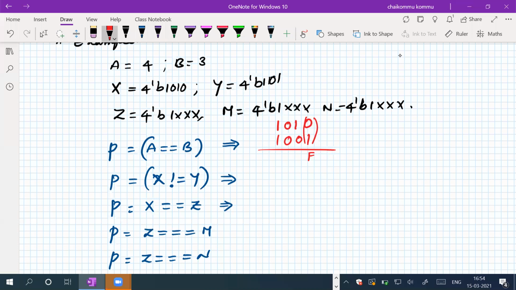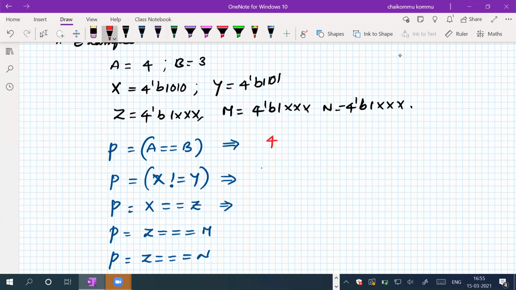So one thing is over. What about this one? I'm sorry, A and B are not like that. A is equal to 4, and B value is equal to 3.